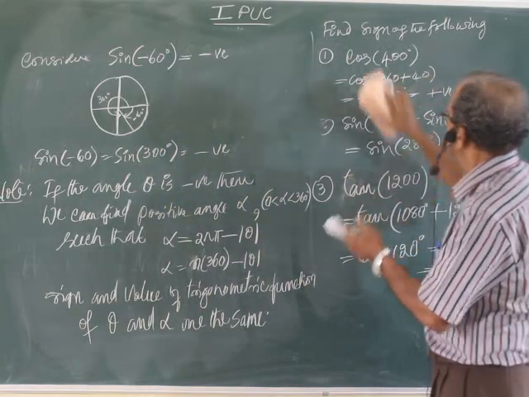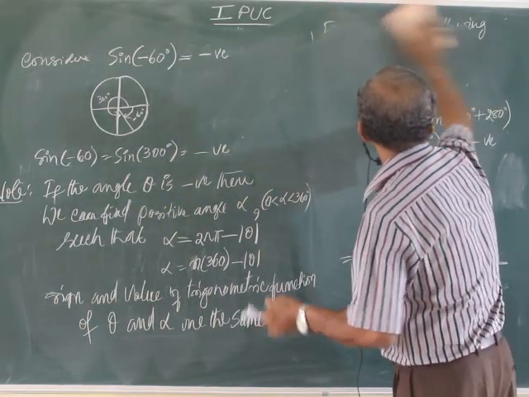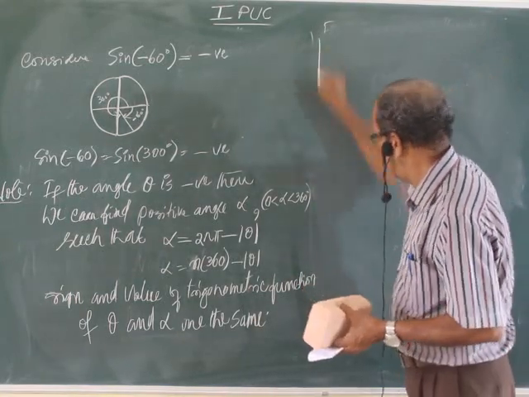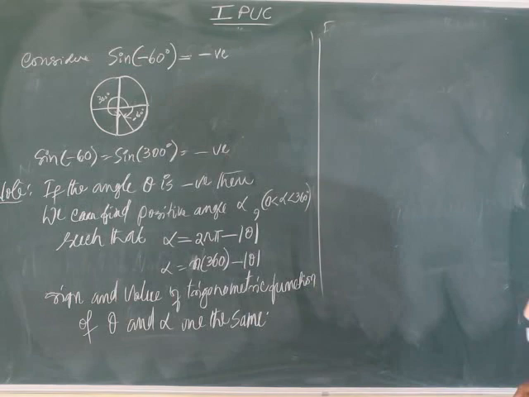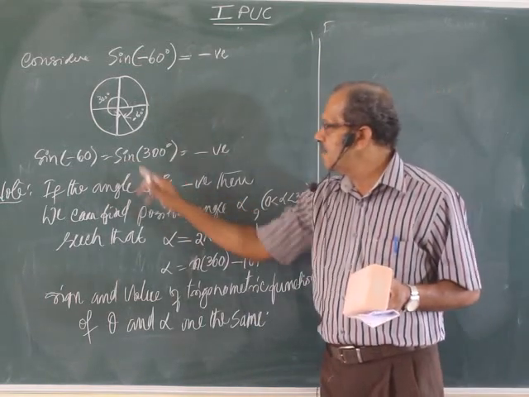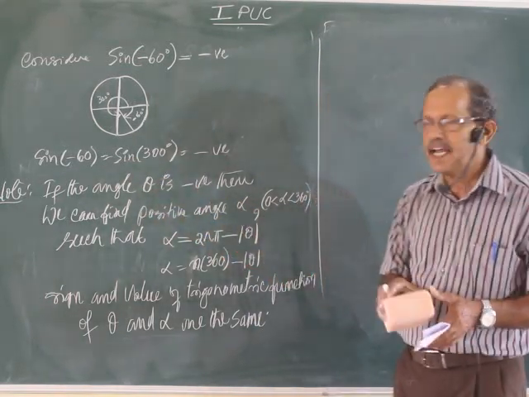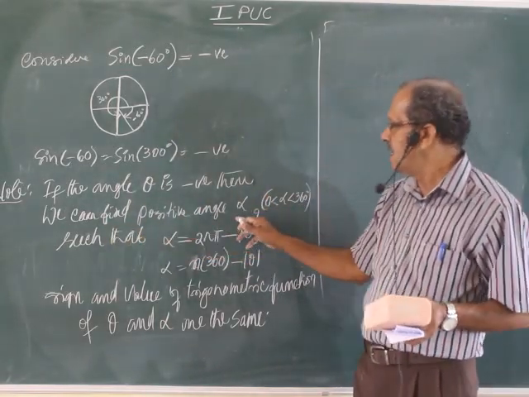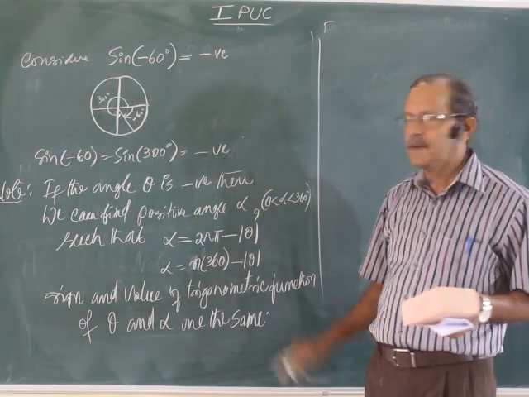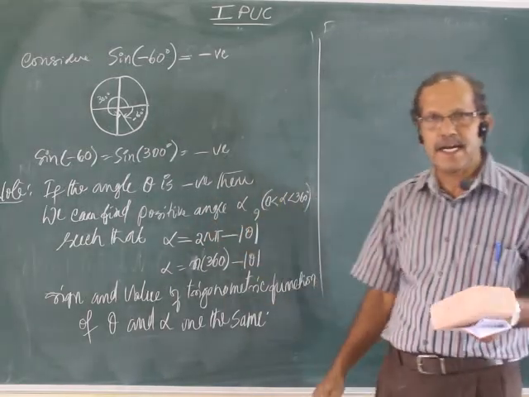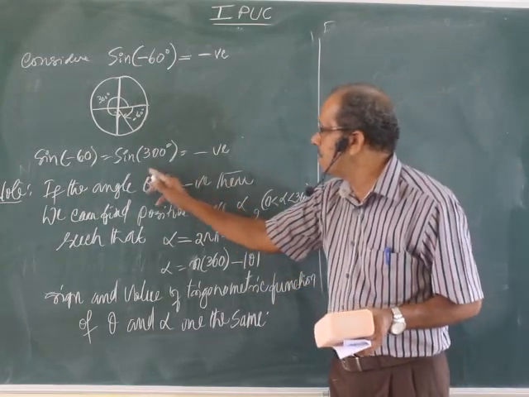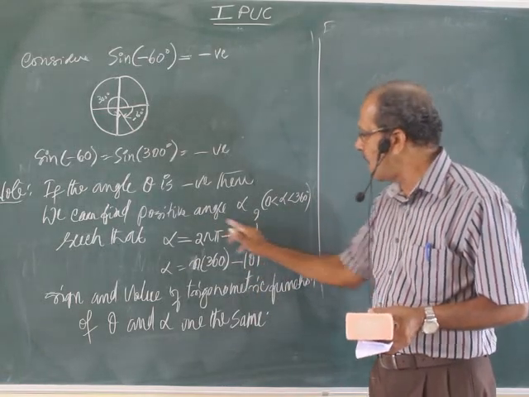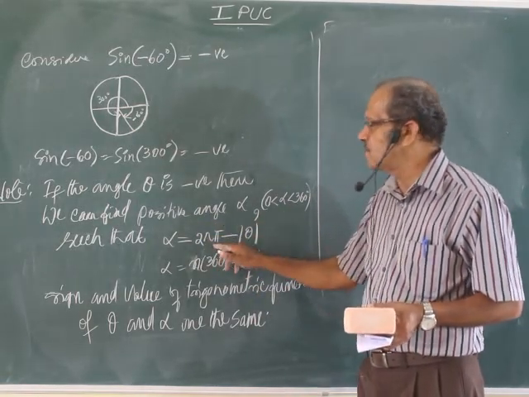You got some confusion, I know that. After taking a certain example only you can understand that one better. See, what the note tells is, given the angle theta is negative, then you can find a positive angle alpha. One particular angle alpha can be calculated. How? Subtracting its modulus, absolute value, from the nearest multiple of 2n pi.